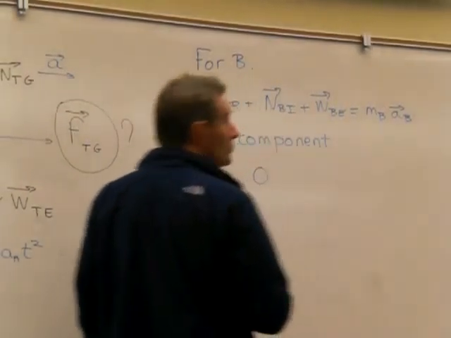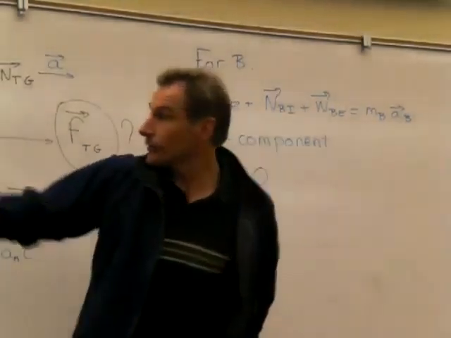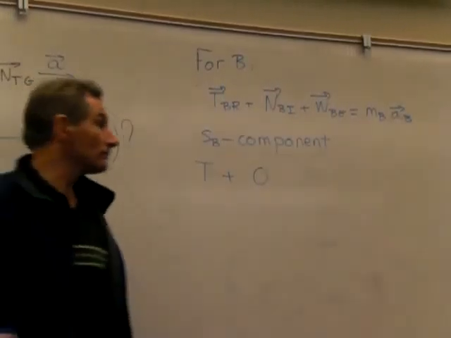How much do we get for the weight? What is that angle? 30 degrees, yeah. So what is the component of the weight? W cosine 30. Right. So it's going to be a minus, because it goes in the negative direction.